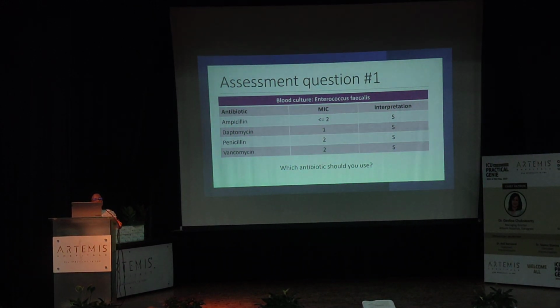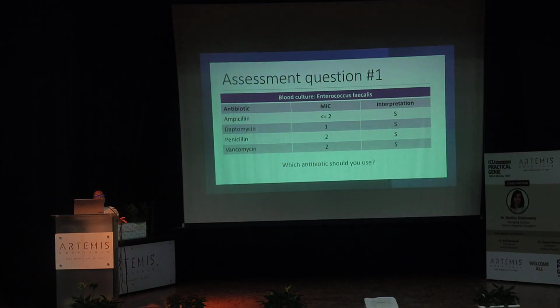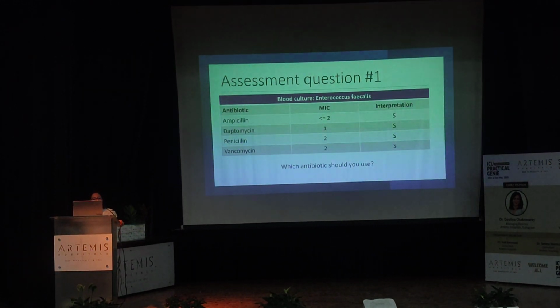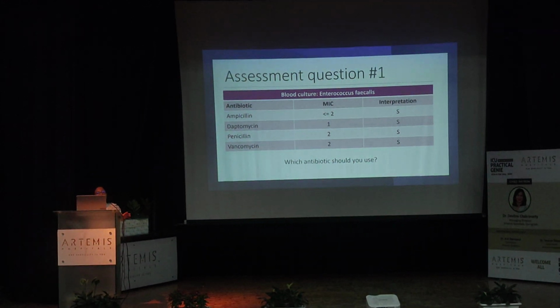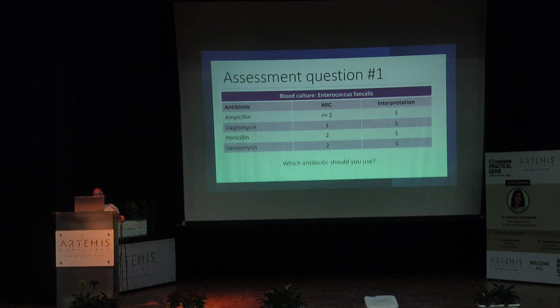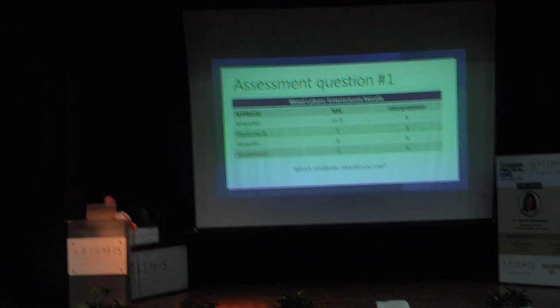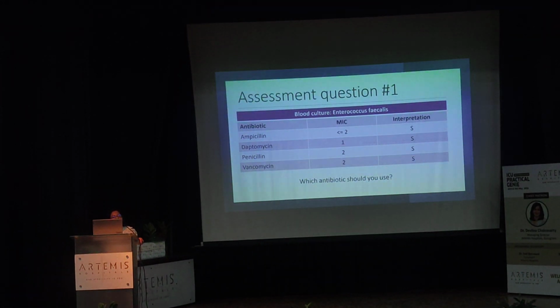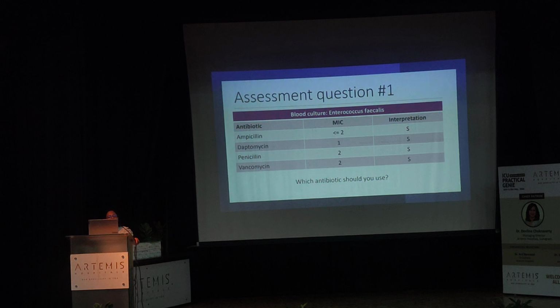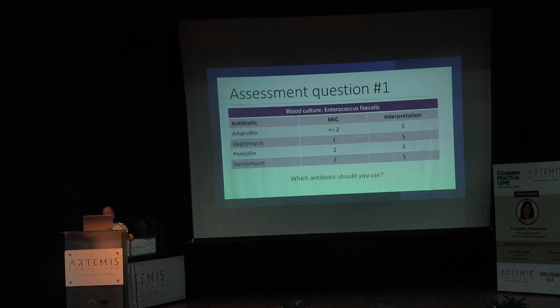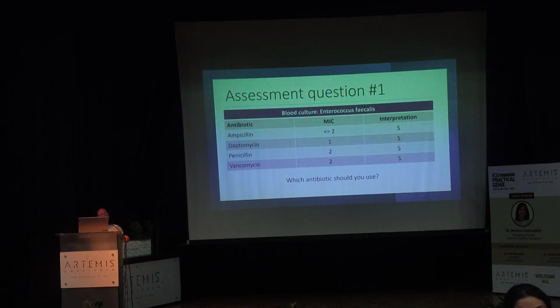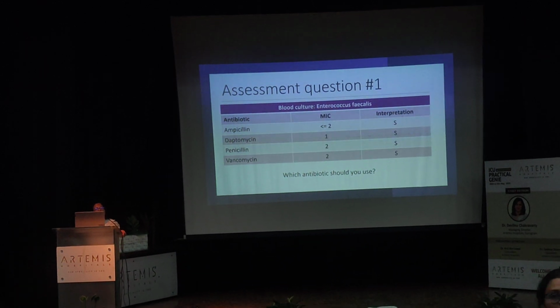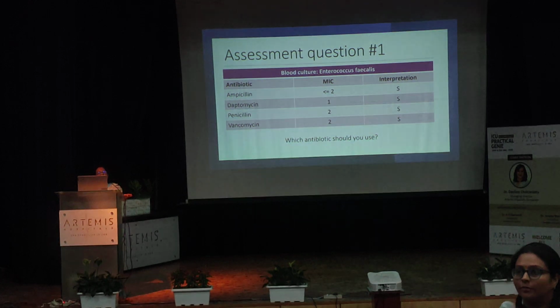Another question. This is a blood culture report, which is showing Enterococcus faecalis. What will we start in this patient, or any other information you want? As we can see, the source of the sample is blood.